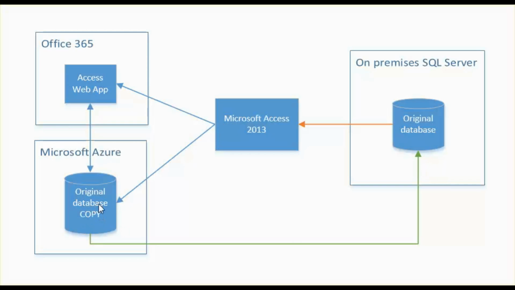Note that this Azure account where these tables are created is not one of your existing Azure accounts, or the Azure account that might be associated with your Office 365 account. It is just a special Azure account where all the databases for all the Access web apps are hosted. We will talk about this later.